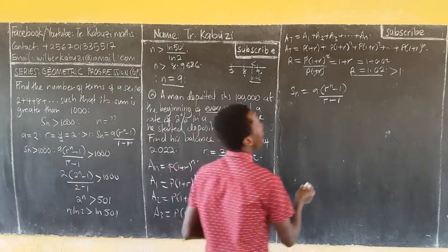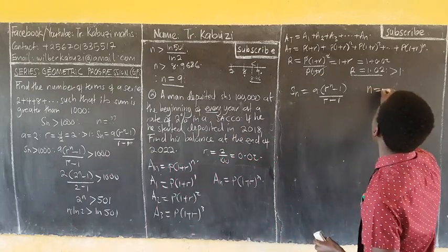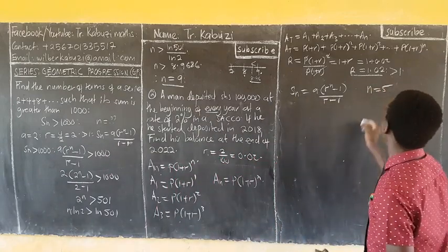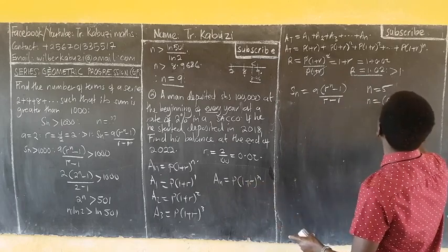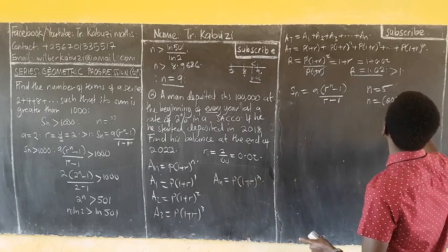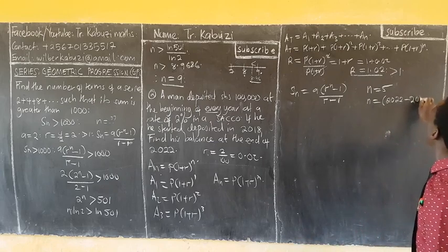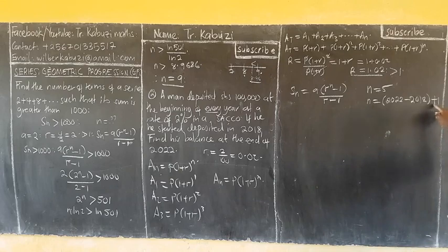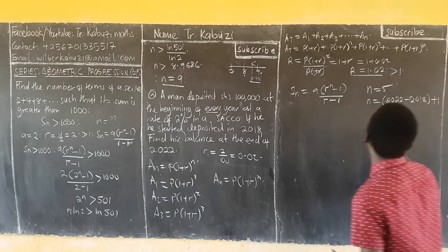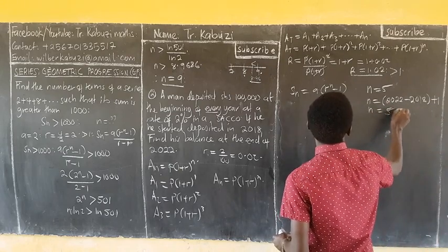So our n is 5 years. Or alternatively, you can get n by saying 2022 minus 2018, then you don't forget to always add 1. So still we have n will be 5.